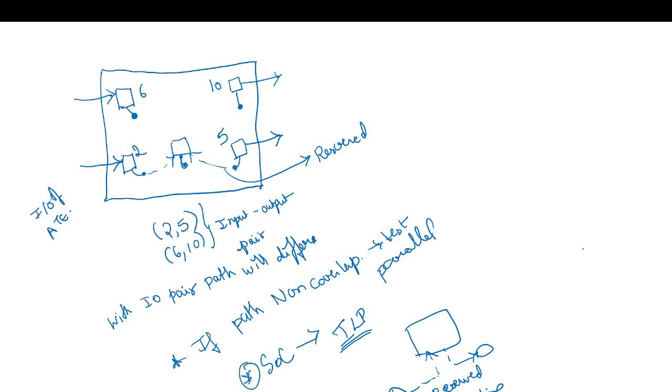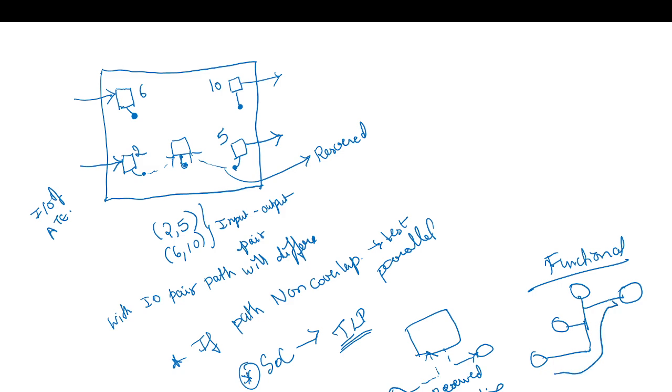Now normally in the functional operation, we don't reserve any path like we are doing here. So if this is performing some communication, then there is a competition and there occurs congestion.